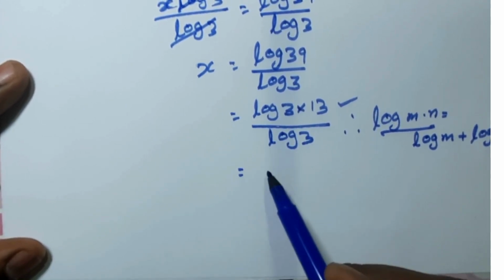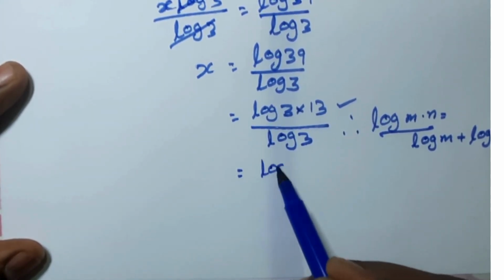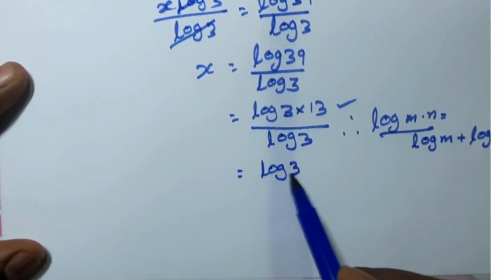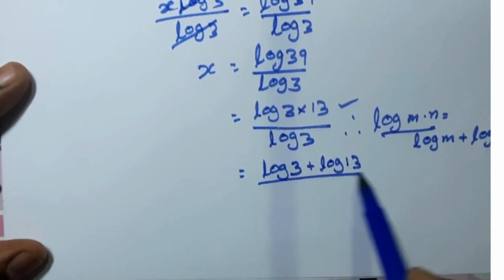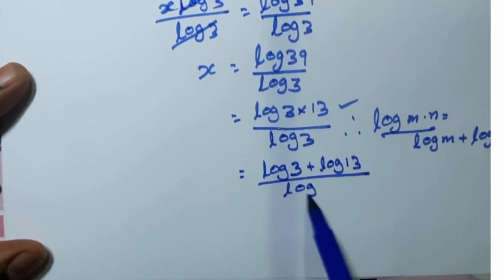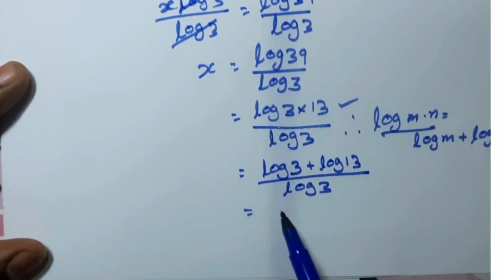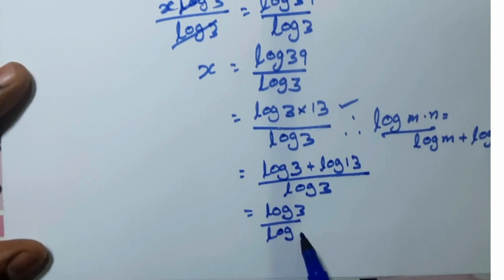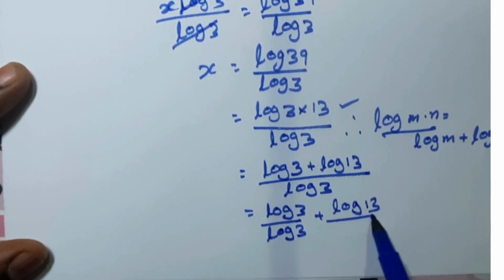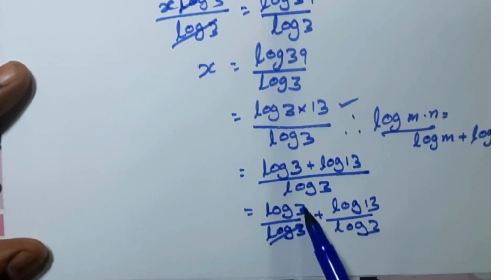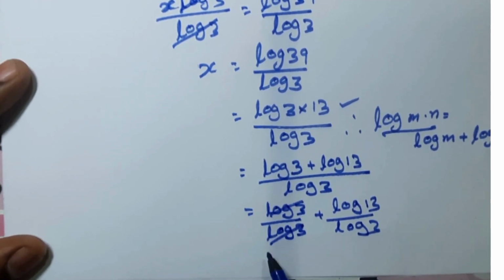So log 3 plus log 13 by log 3. Now log 3 and log 3 will get cancelled.